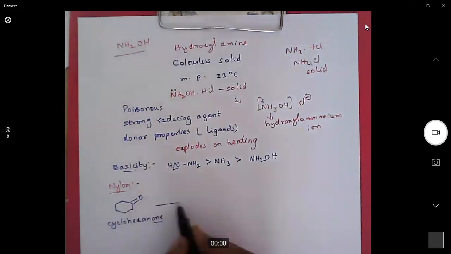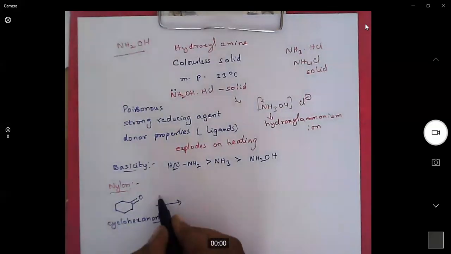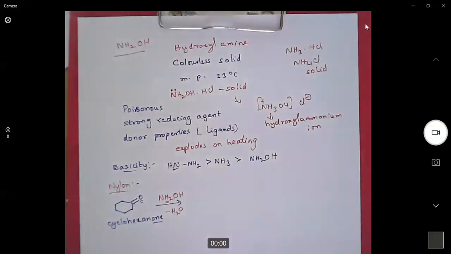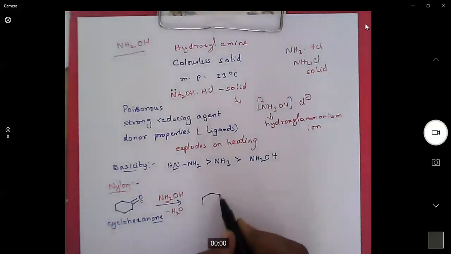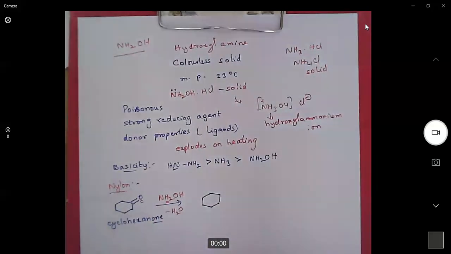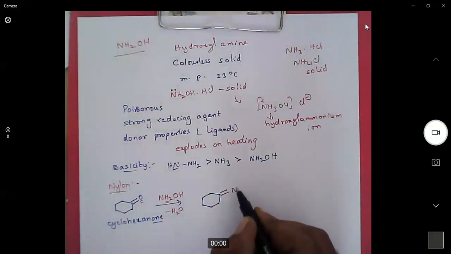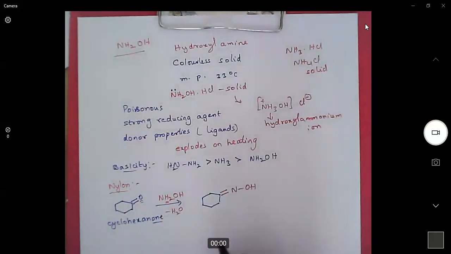When cyclohexanone is treated with hydroxylamine, as we know from the previous reaction, this oxygen and the two hydrogens on nitrogen will be removed as a water molecule, and we expect a double bond between carbon and nitrogen. So a new double bond will be generated between carbon and nitrogen. This is called an oxime, so it is called cyclohexanone oxime.